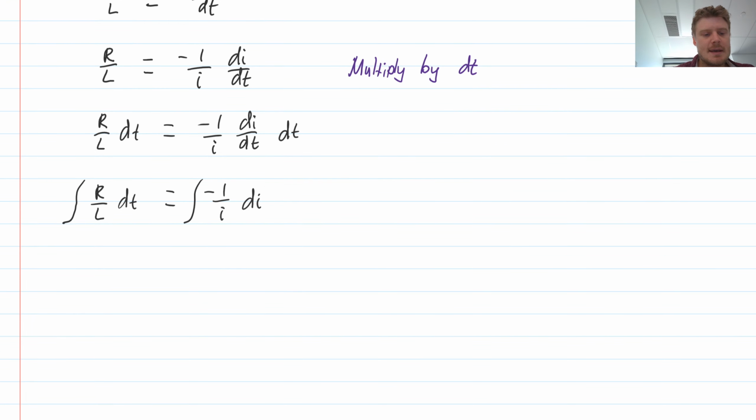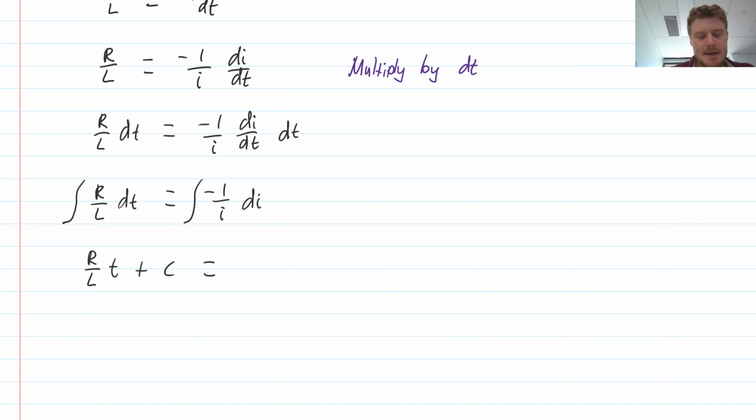So integrating here, on the left hand side, I will end up with r over L times t. And I should include a constant of integration here, so I'm just going to go plus c, which is my arbitrary constant of integration.